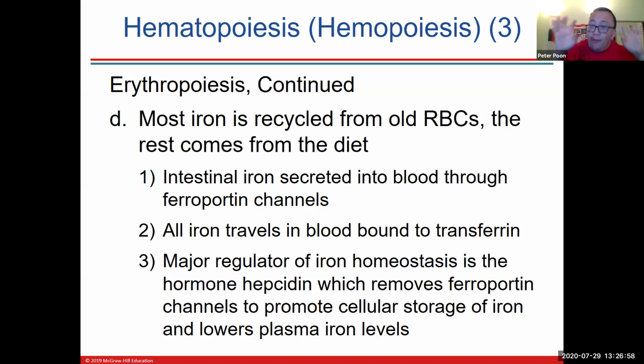Iron does not travel freely in the blood. Iron is something that you have to keep very tight control over because bacteria love iron, so we have sequestered the iron away from bacteria. So all iron travels in blood bound to transferrin.